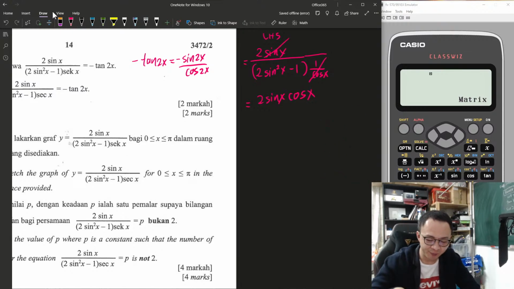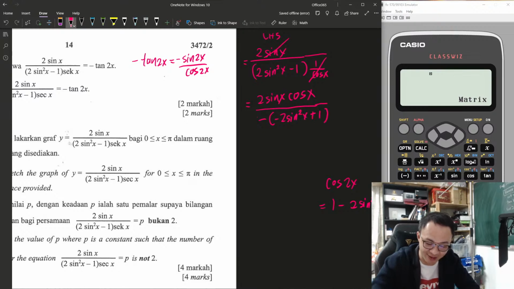Alright, then the bottom, because we know cos 2x is equal to 1 minus 2 sine square x. This one is quite similar, but in the opposite direction. So for 1 minus 2 sine square x, if I factorize out the negative, I get negative 2 sine square x plus 1, isn't it?